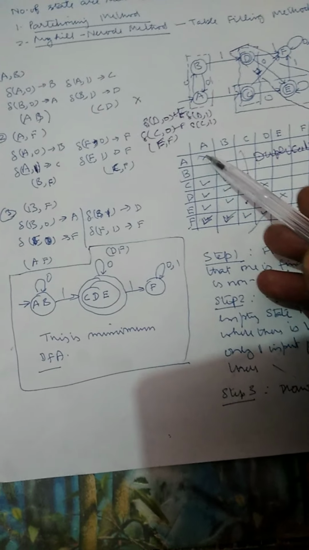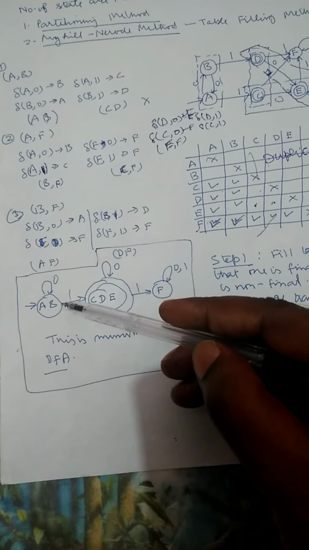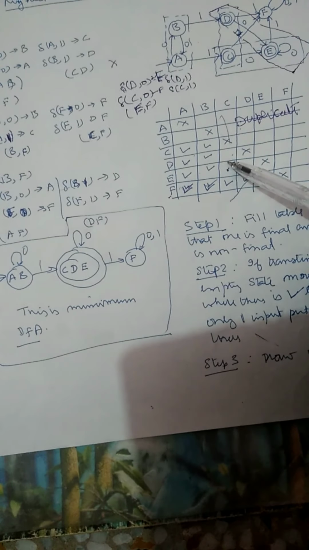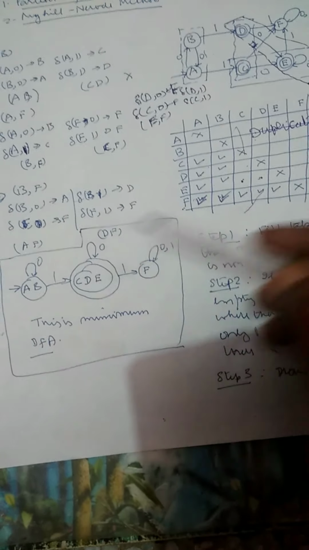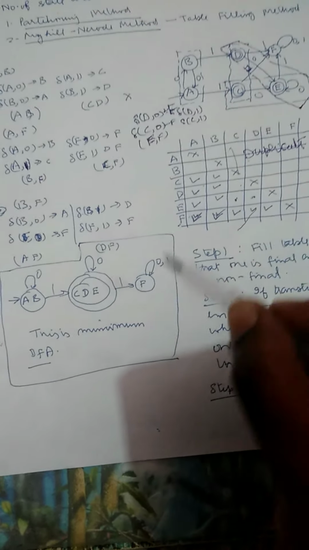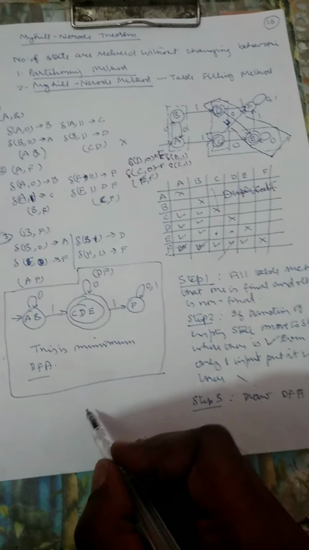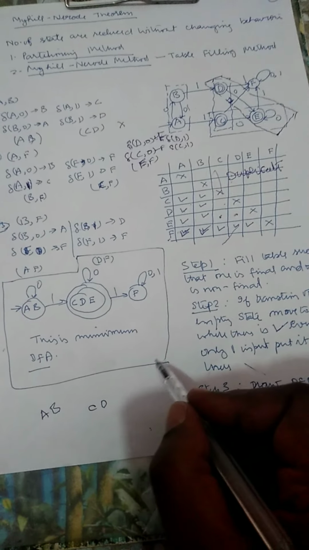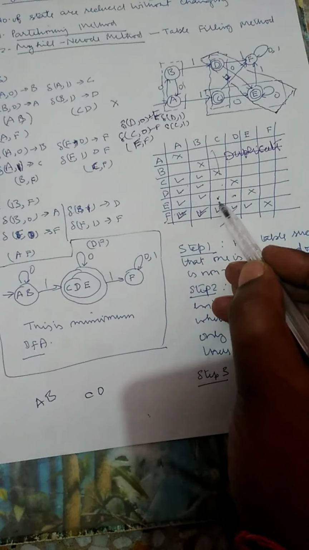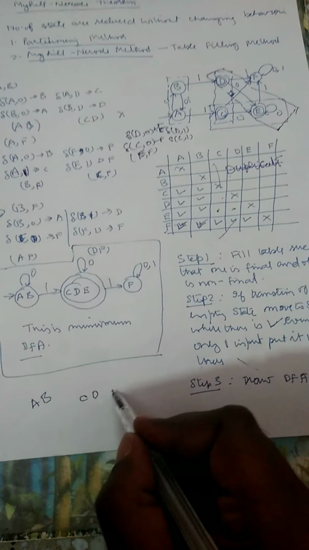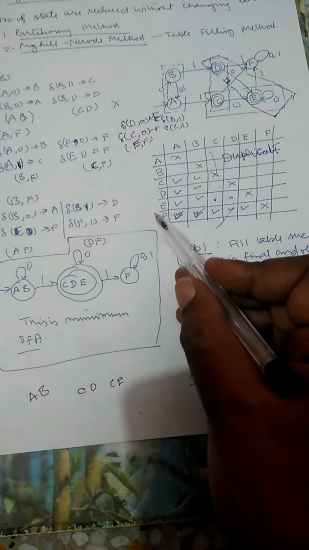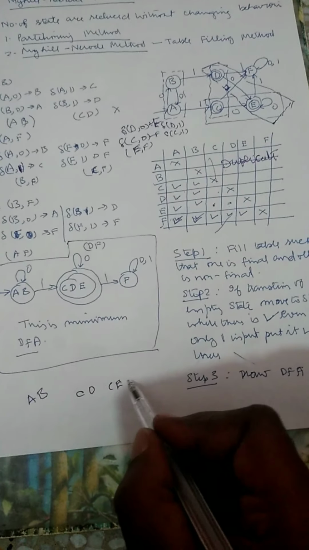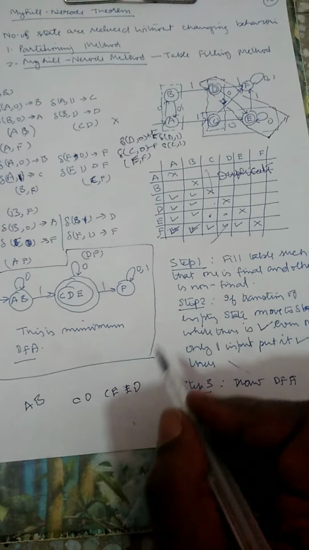Next is CD. So AB, CD, CE and CD, ED. Okay.